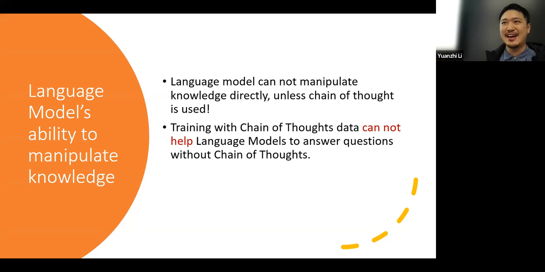Not to mention MMLU, where you ask a pretty complicated question and ask the model to generate the answer directly.